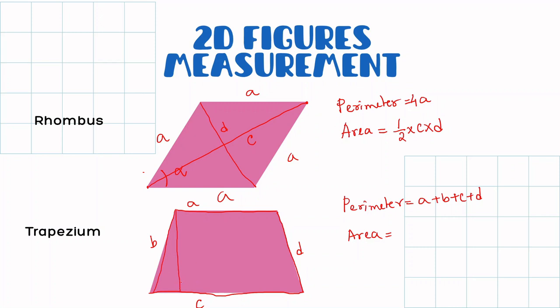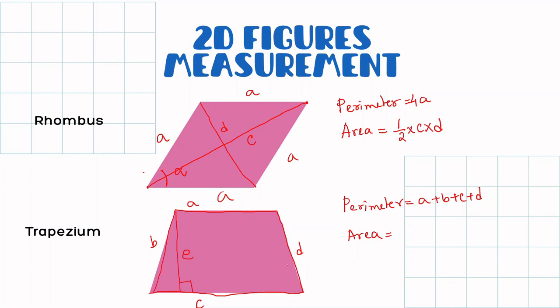The perpendicular will be from the opposite corner. You have to draw a perpendicular on the base. So this will be the shortest distance between the two parallel sides. Okay, I am naming it as E.